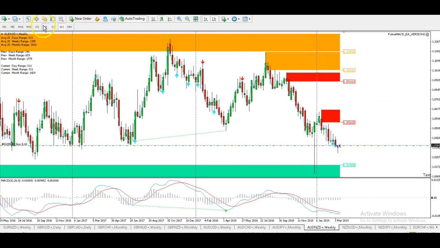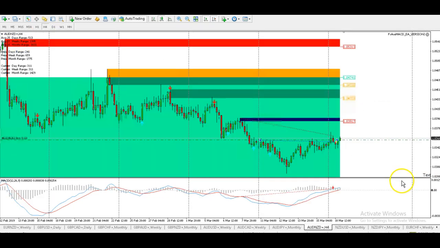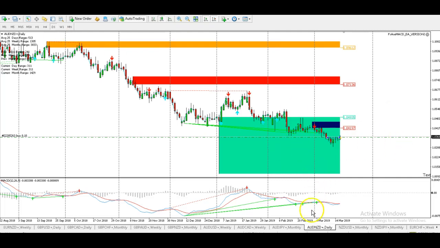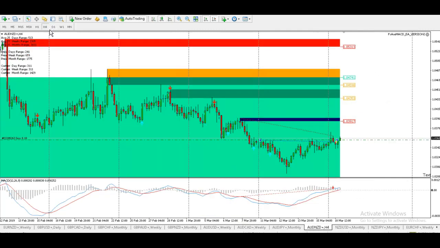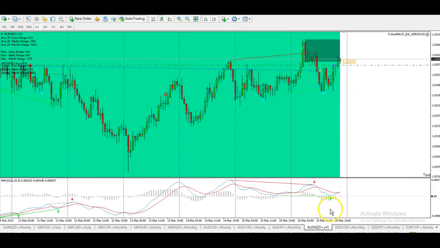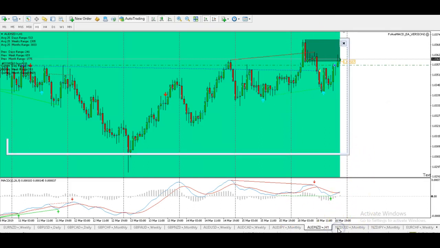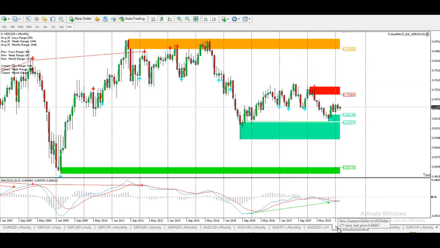I'm not sure it was a 4-hour signal this morning. Yeah, so we had the signal here. Yeah, so it was a 1-hour signal here with a daily inside a weekly, so a nice trade. So I expect it to start moving up. Aussie Kiwi making its way towards 72 again.